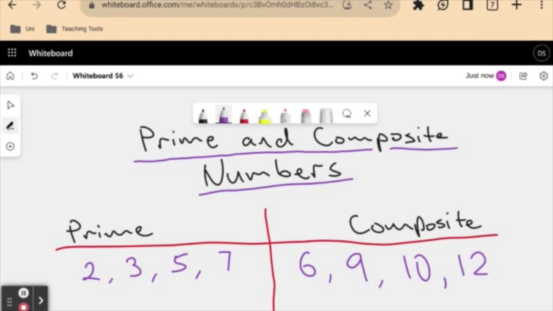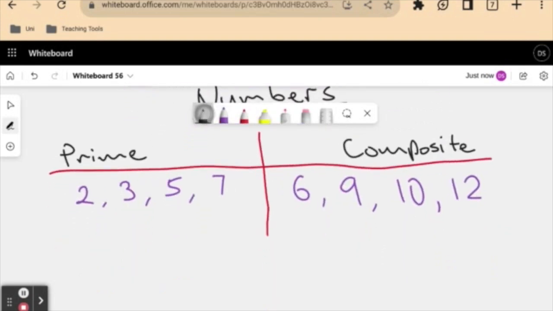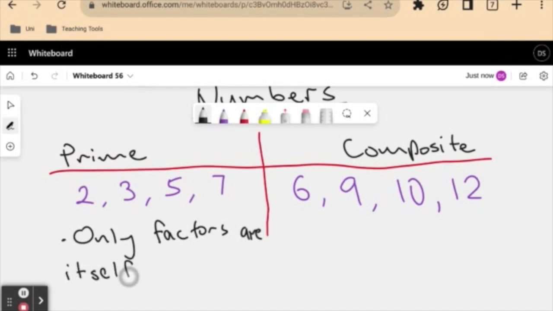You can have a go at looking at any numbers and try to find which ones have a lot of factors compared to which don't have as many. This is just an introductory video to get you used to how we can classify these numbers. It's more or less the fact that for prime, I'm going to write a dot point here: its only factors are itself and 1.